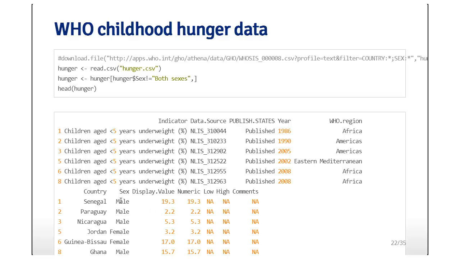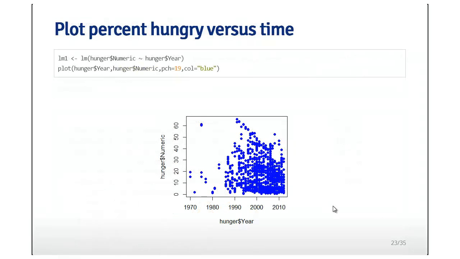At any rate, you can peruse the data a little bit. It has time, region, country, gender. We're not going to use all of these variables, and there are some missing ones, some that didn't get grabbed correctly.